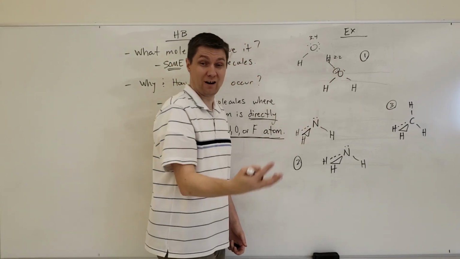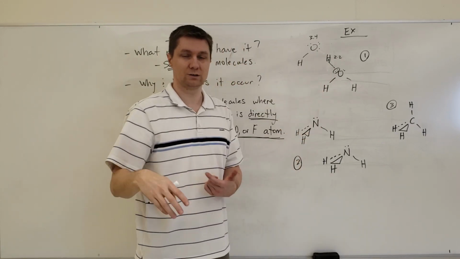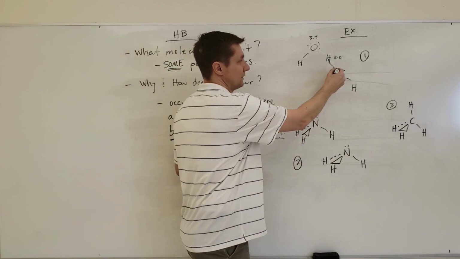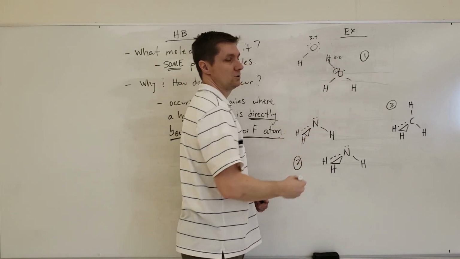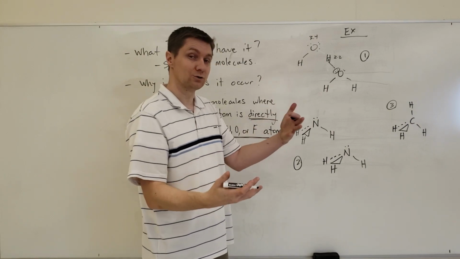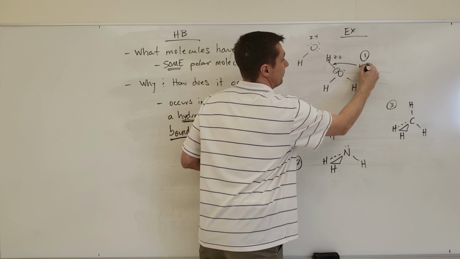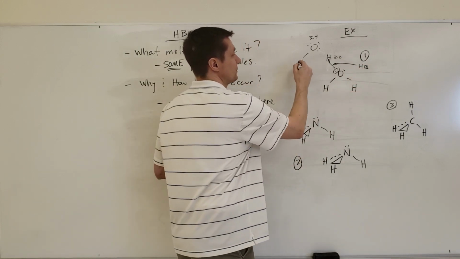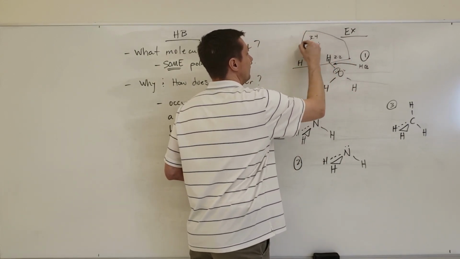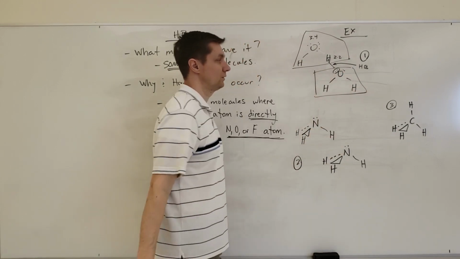These lone pairs are negative, they're electrons, and this nucleus contains protons, so it's positive. And so we get this attraction between those two molecules. This is our hydrogen bond right there that tethers this molecule to this molecule.